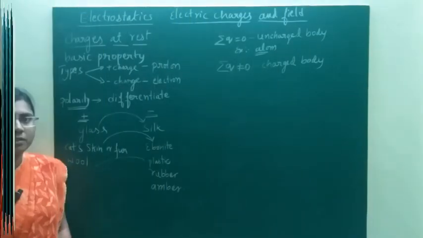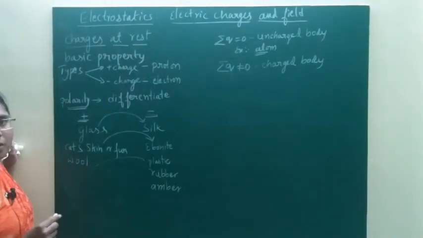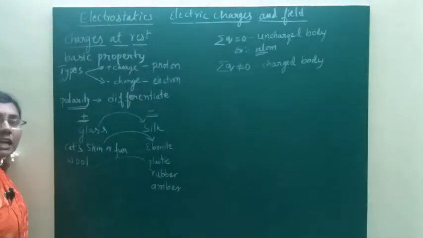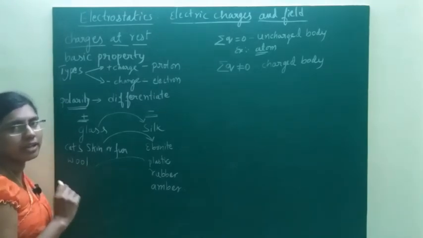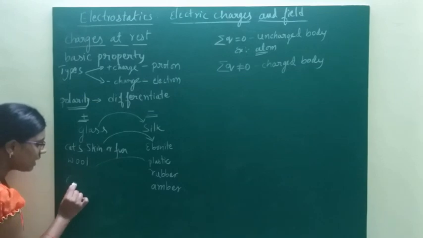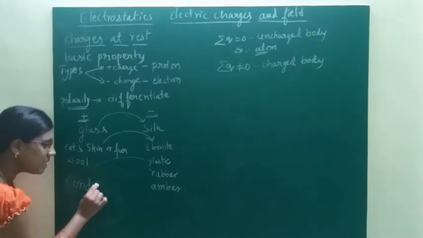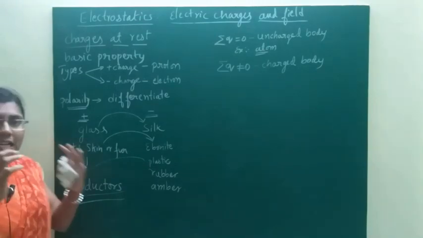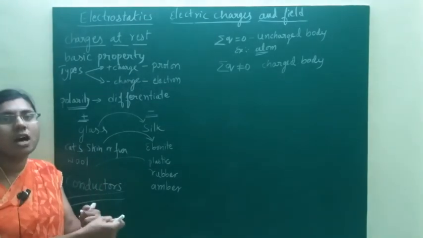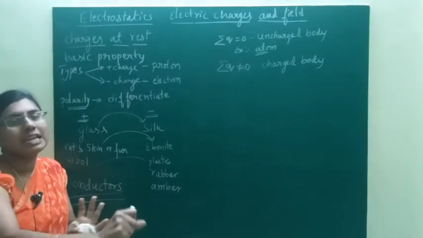Now, let me move on to the next concept, that is conductors and insulators. What are conductors and what are insulators? Conductors are substances that can pass charges through them easily.